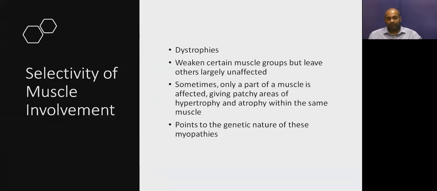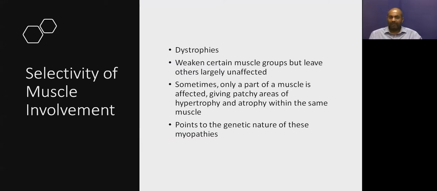Now, an important pointer is selectivity of muscle involvement. It is characteristic of genetic muscle disorders or muscular dystrophies. They tend to weaken certain muscle groups but leave other groups unaffected.